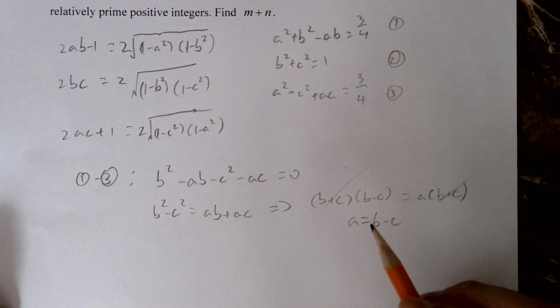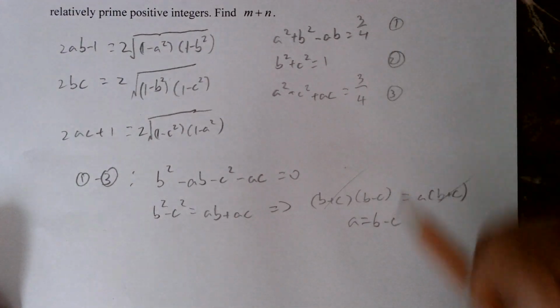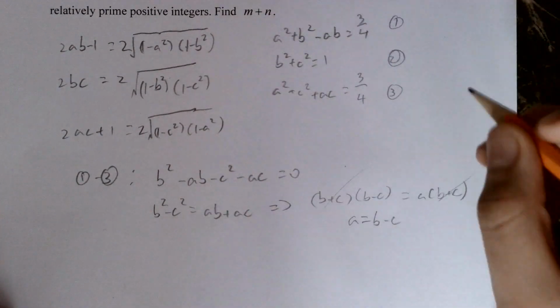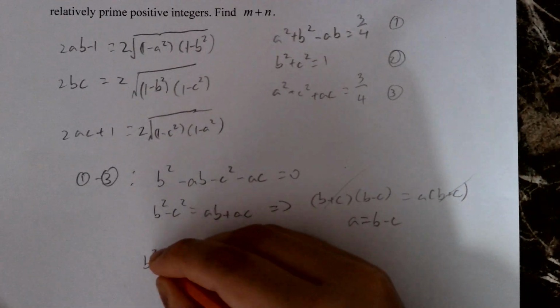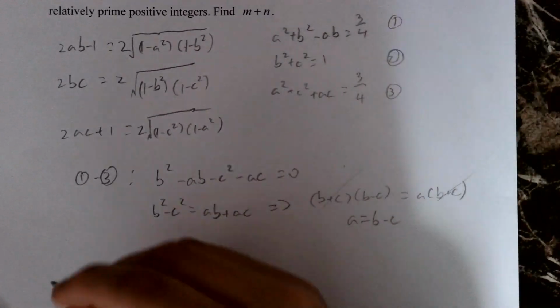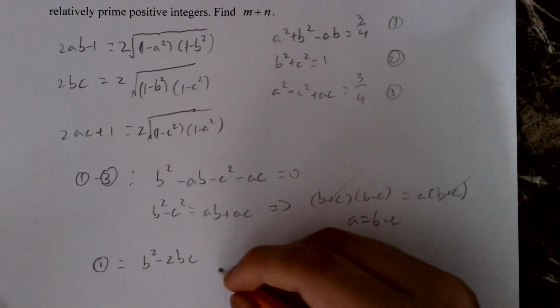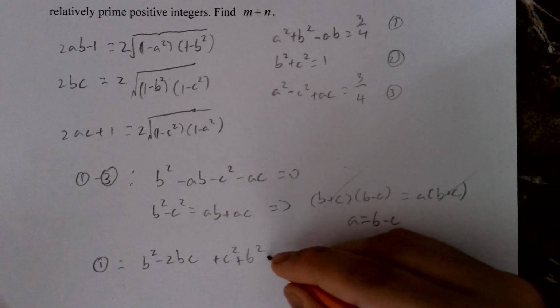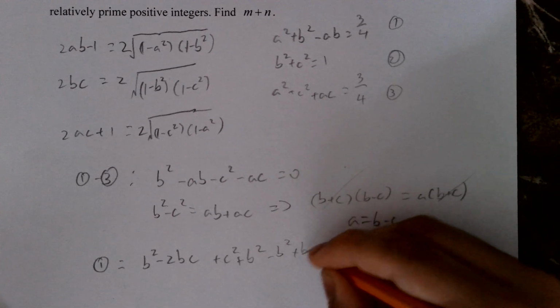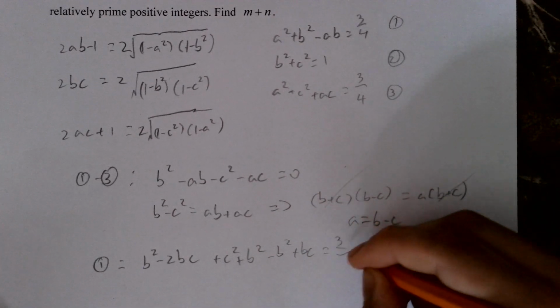Now let's plug a equals b minus c into the first equation. By simplifying, I'll just write it out really quickly: b squared minus bc plus c squared plus b squared minus b squared plus bc equals 3 over 4.